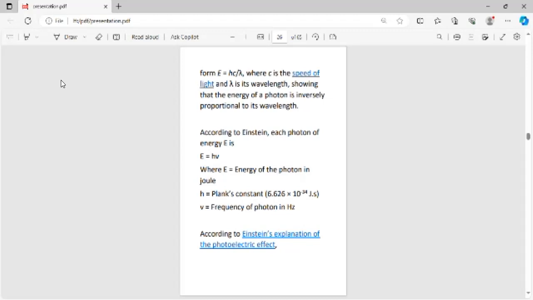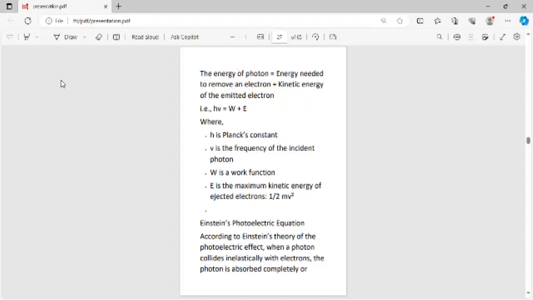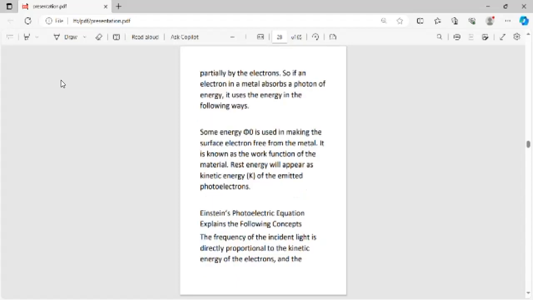According to Einstein's explanation of photoelectric effect, the energy of the photon is equal to the threshold energy plus the kinetic energy of the emitted electrons. Einstein's photoelectric equation: according to Einstein's theory of photoelectric effect, when a photon collides inelastically with electrons, the photon is absorbed completely or partially by the electrons.